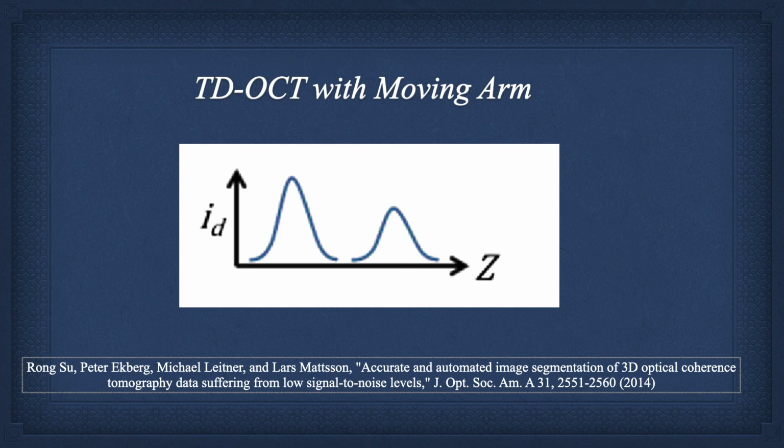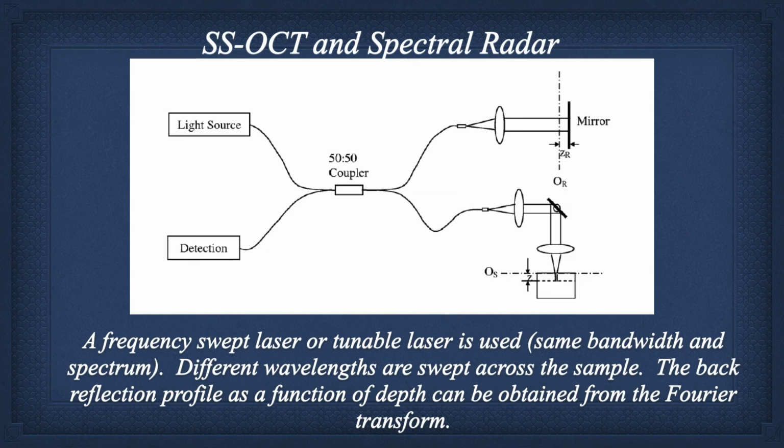So now, let's go to swept source or spectral radar. In swept source, you're sweeping the laser. So at any one time, you theoretically have almost a monochromatic wave on the sample, and you're sweeping through the same bandwidth that you used in time domain.